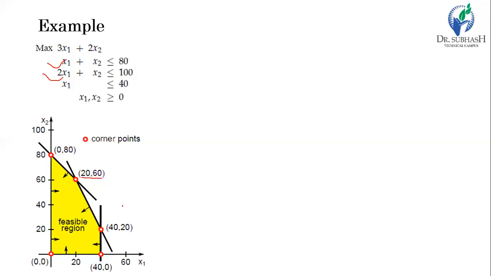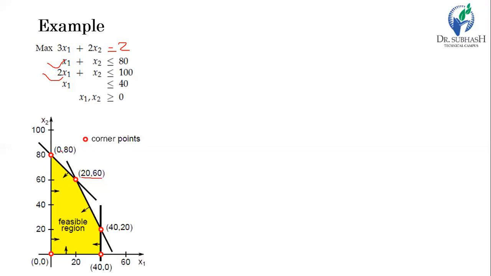Now calculate the value of z at all these points. We calculate the value of the objective function z by putting in the values of each and every point. First, (0, 0): the value of x1 is 0 and x2 is 0, so the value of z is again 0.